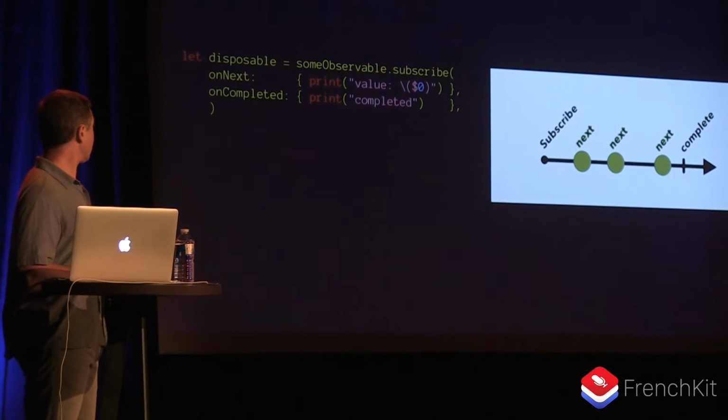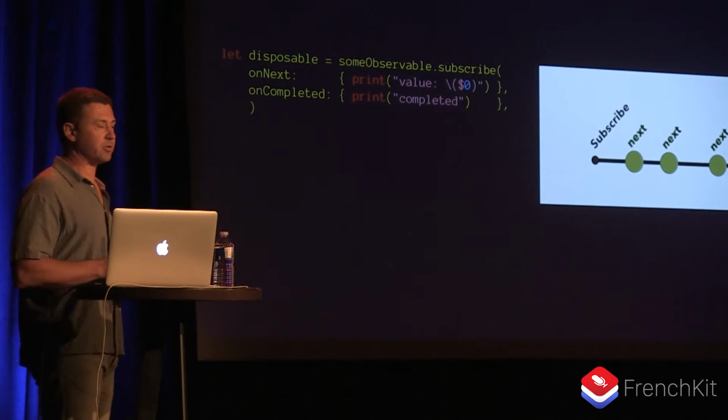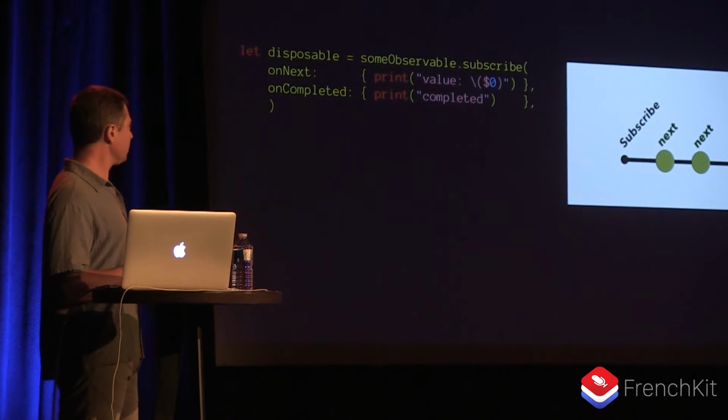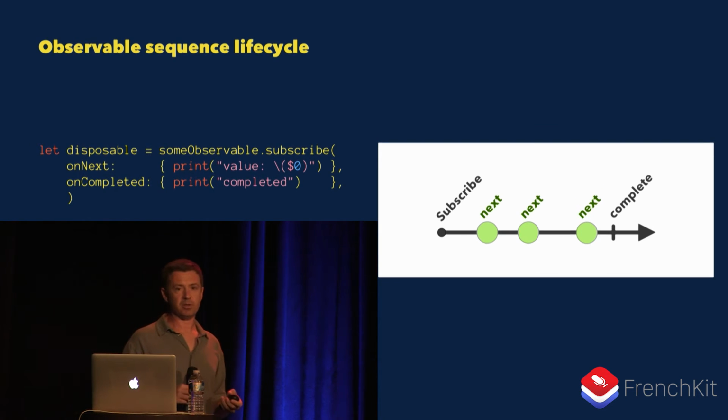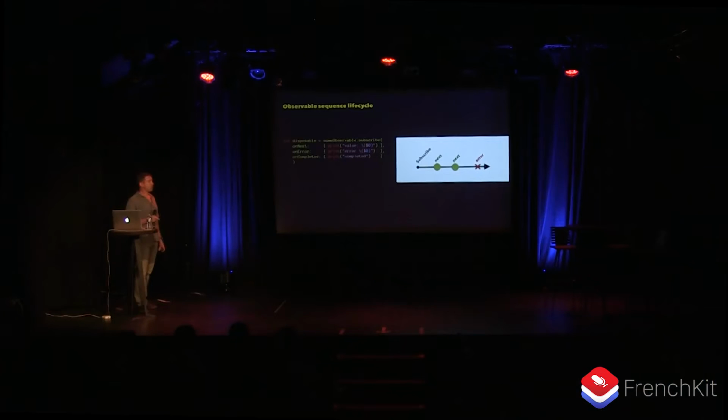The subscribe method we show here has a number of optional parameters. We are only using 2 of them right now: on next to get the next value, and on completed to get notified when the sequence completes. We can also listen for errors, because obviously some types of sequences like the network request are able to send errors.